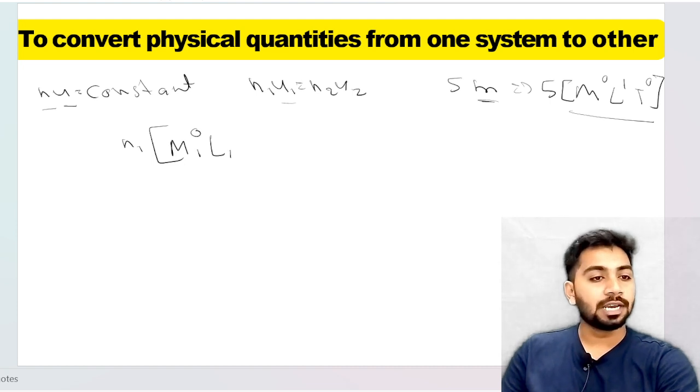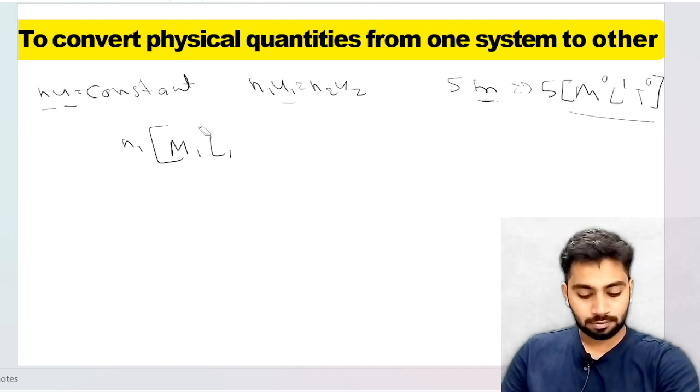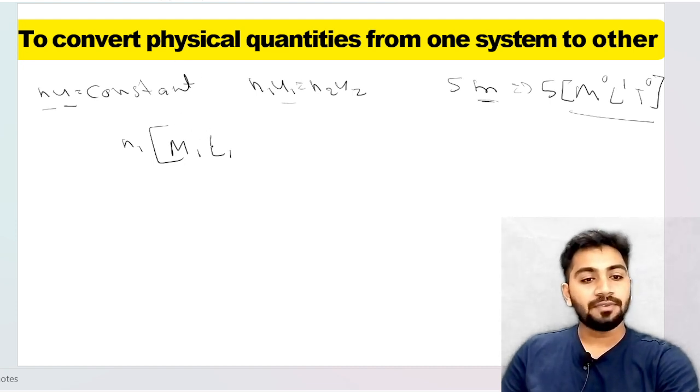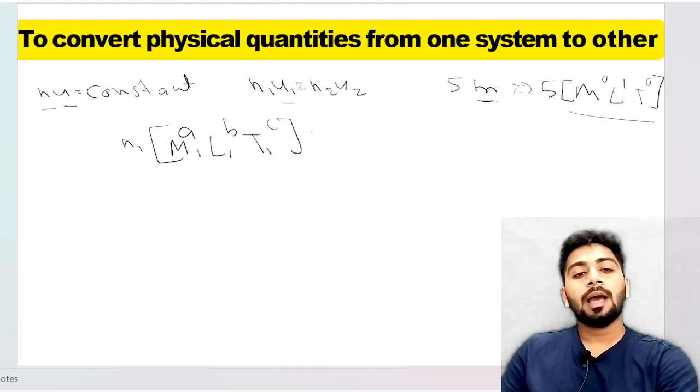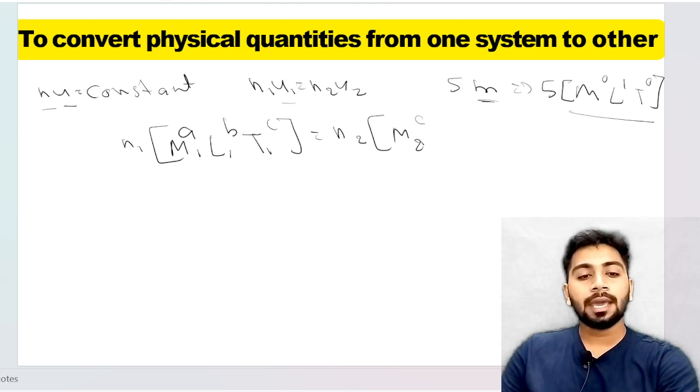Sorry, one second. In the place of a, I am taking b, and let's say this one c, and here quantity 2, and again M1 a, L2 b, T2 c.